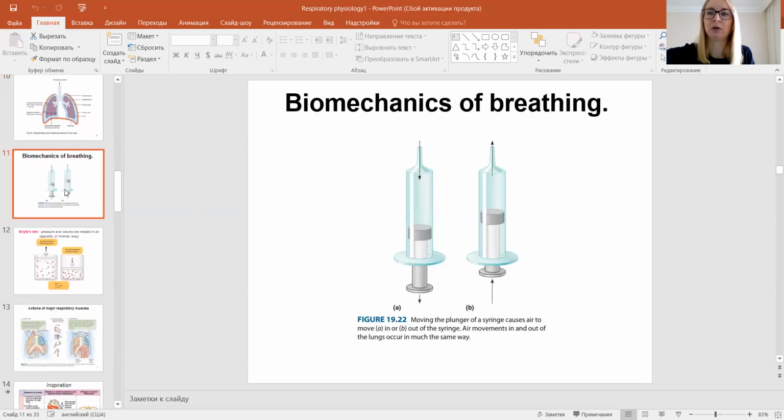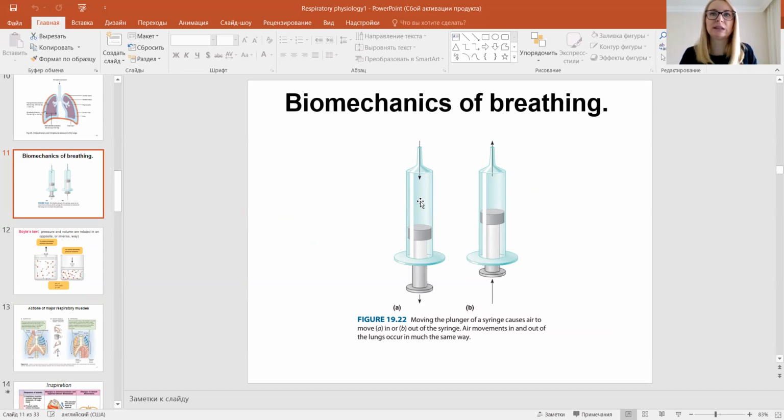So now let's discuss the exact mechanism of breathing. The pressure and volume are related in an opposite way, which is called Boyle's law. For example, we can use the syringe to explain this law. Pulling back on the plunger of a syringe increases the volume inside the barrel, but lowers the air pressure inside the barrel.